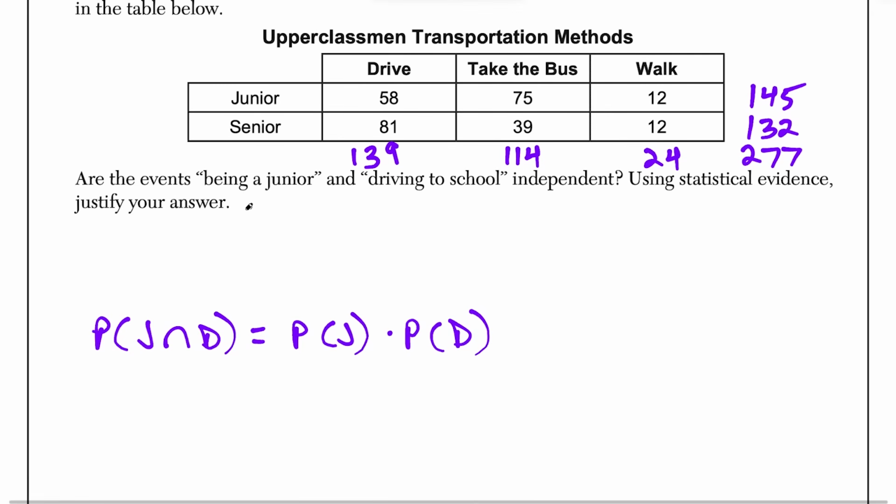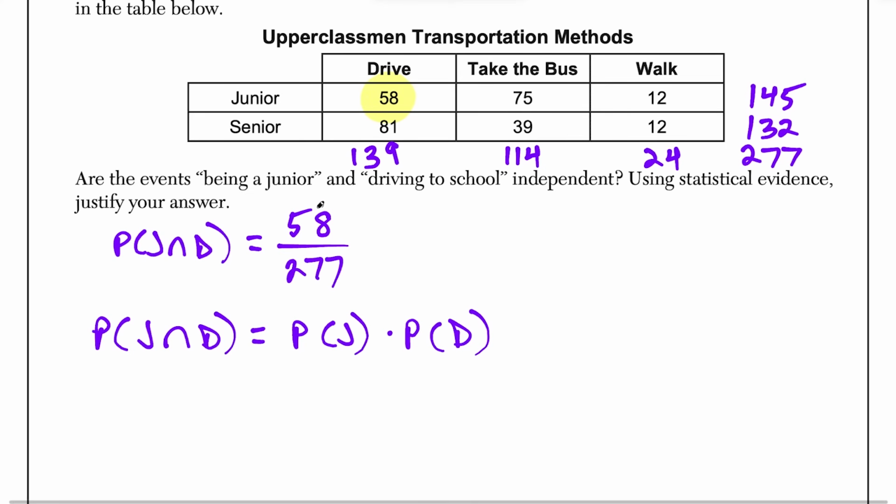So the probability of being a junior and driving to school, well, we just look at this entry over here. So the number of juniors that drive to school is 58. So the probability of being a junior and driving to school is equal to 58 over the total number of people in this survey, or however they're gathering the data, is 277.